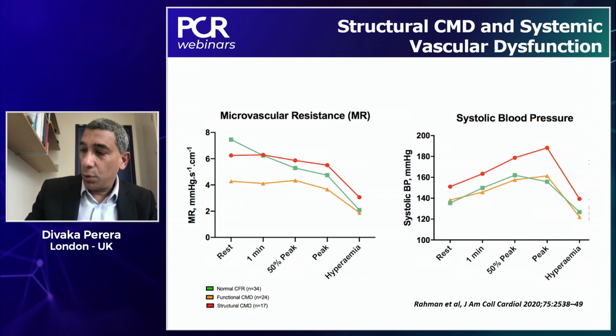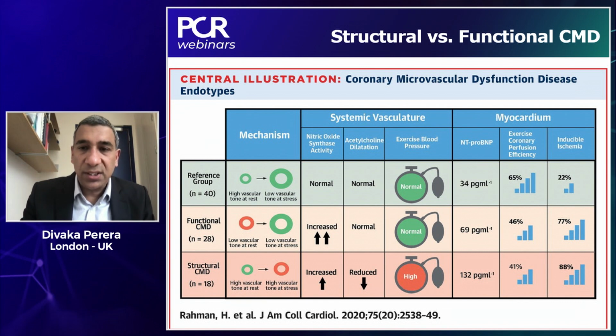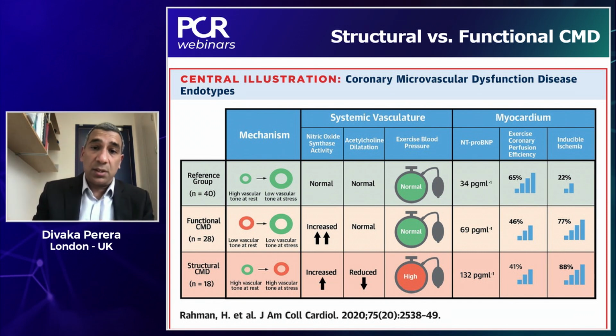So if I go on to my next slide, I will just summarize some of our observations, which is to say that these patients with functional and structural CMD have quite marked abnormalities in the cath lab that we detect in their coronary microcirculation, but they also have profound abnormalities of the systemic vasculature.